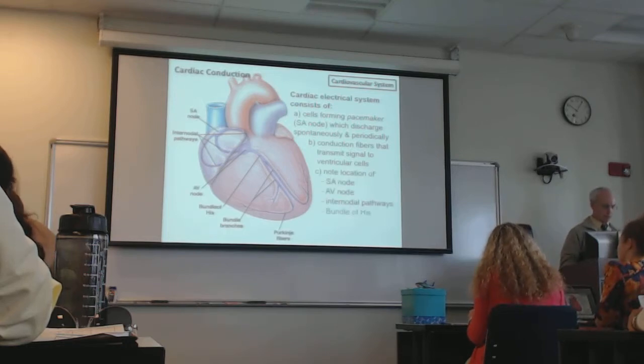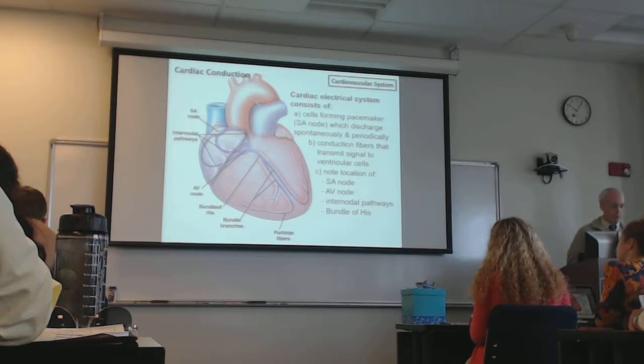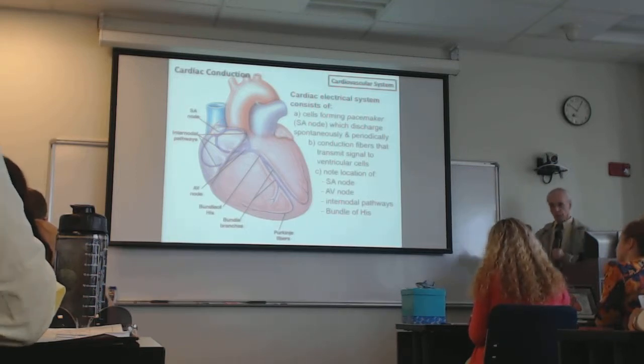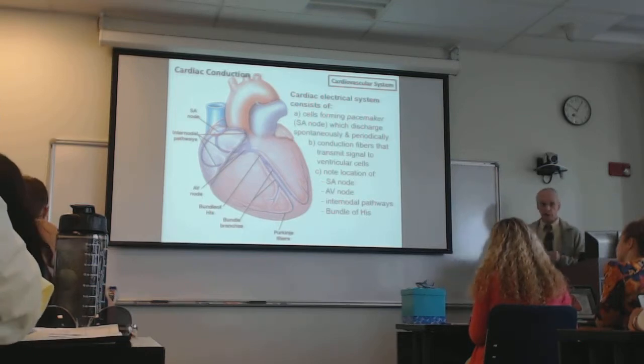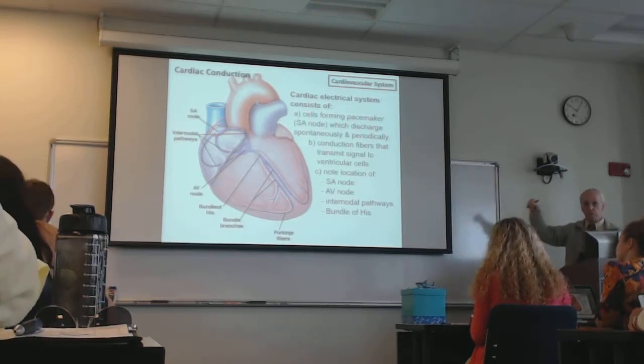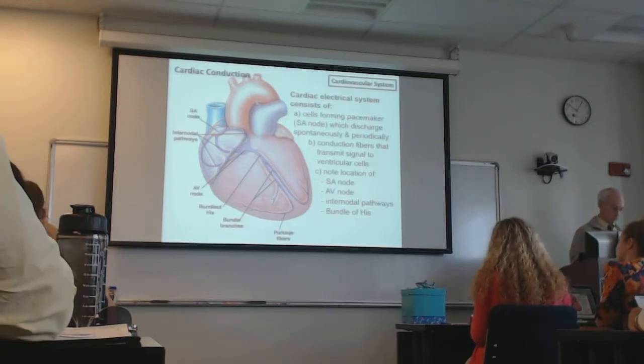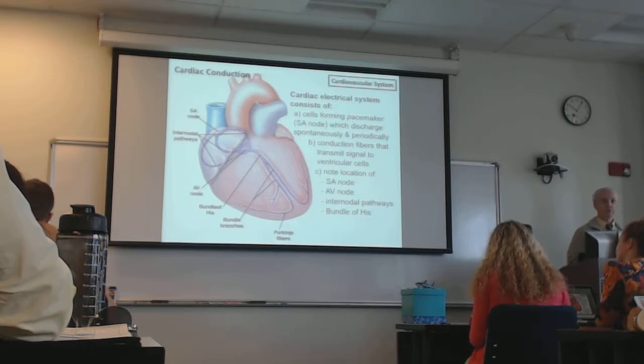In the illustration that you see here, we can see the SA node right up here in the right atrium. Remember that normally will be the fundamental timekeeper or clock. On its own, it's going to generate a rhythm that will then be propagated through these purple structures that you see here. These purple structures represent the conductive pathways.